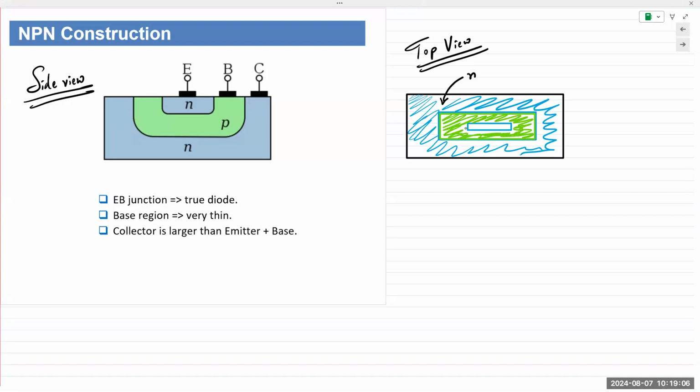Does that make sense? The side views and the top views. An important note, all semiconductor fabrication takes place from the top view. The side views are very small. A typical 4-inch silicon wafer is only about 0.5 millimeters thick.